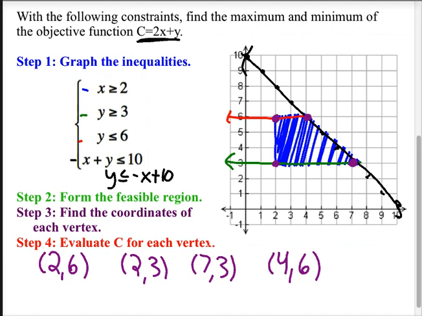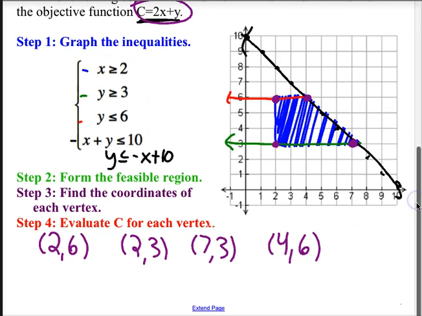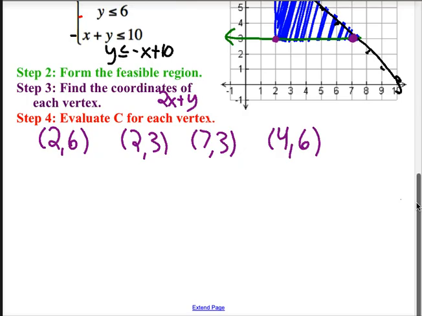And now this function right here, we are going to evaluate it using those, okay? So I'm going to rewrite that down here so when I scroll down I can still see it. But I'm going to evaluate C for every one of these.